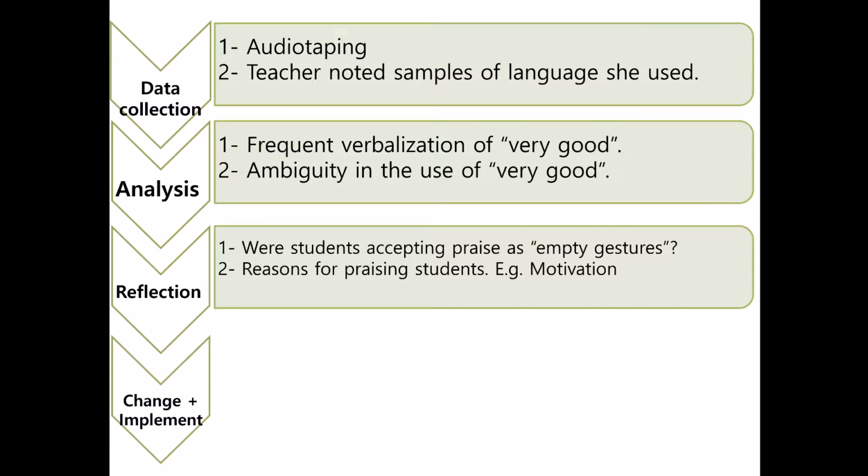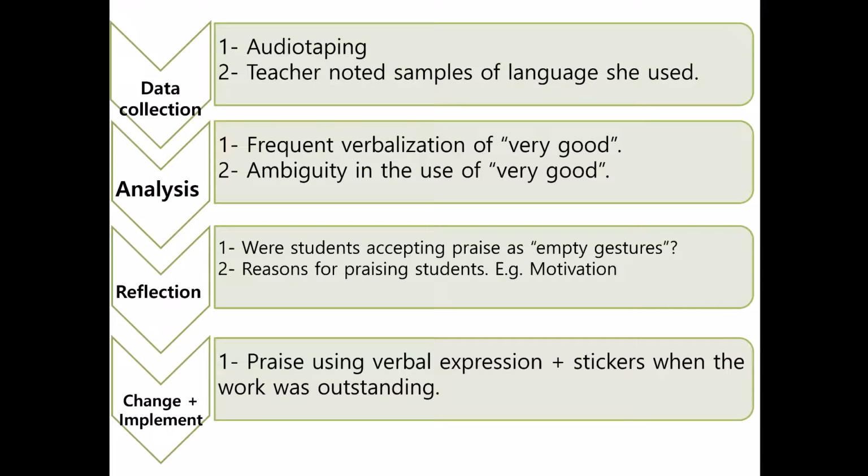In step 4, she changed her plan, she changed her praising behavior and implemented that change. What she did is that she only praised her students when they genuinely deserved it.